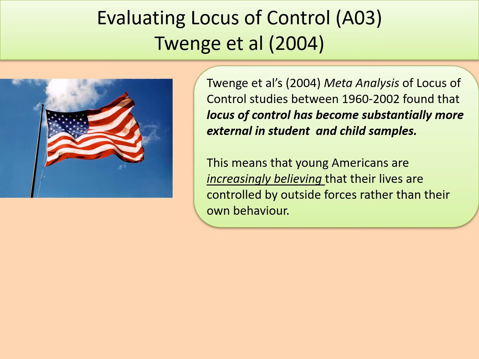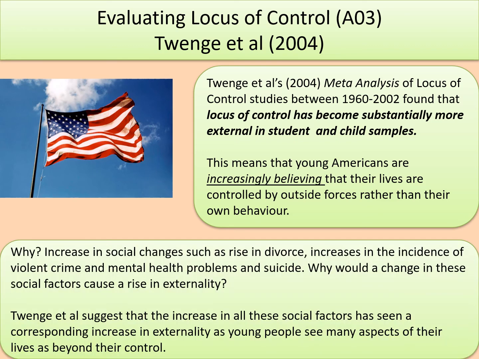And this discussion point is acknowledging that this meta-analysis has found that in society, young people are becoming more external than they used to be. So the reason for that, why would that be? Why are people becoming more external? Why are people thinking they can't control the consequences of their behaviour? Why are they not able to resist coercion?